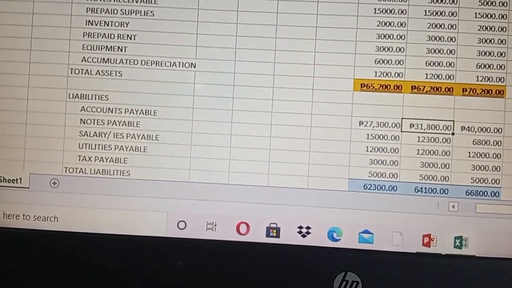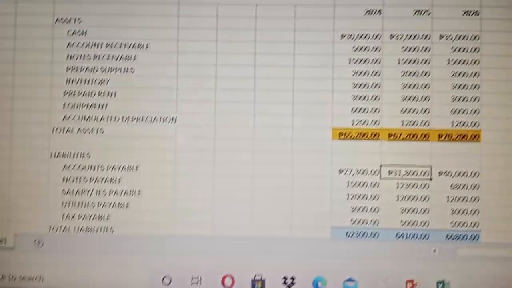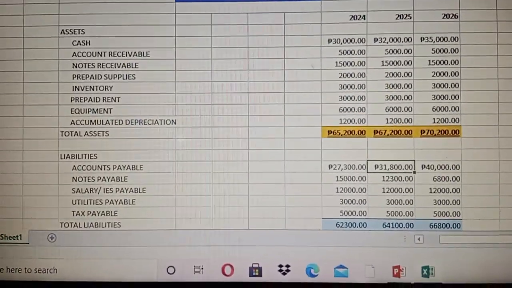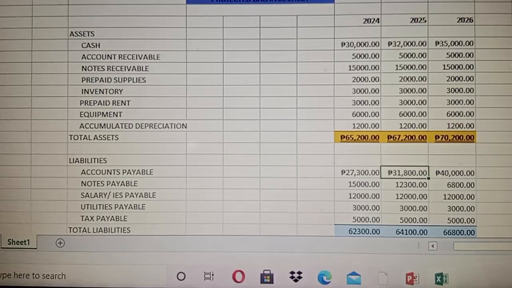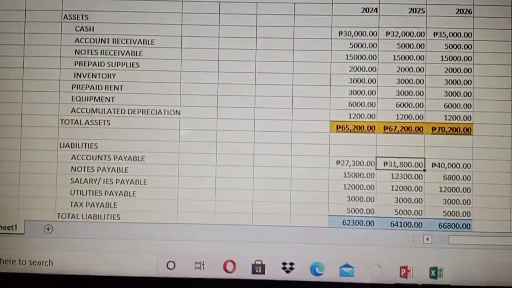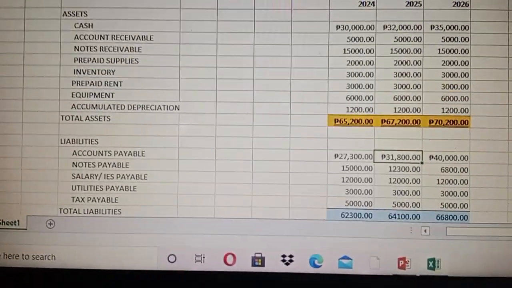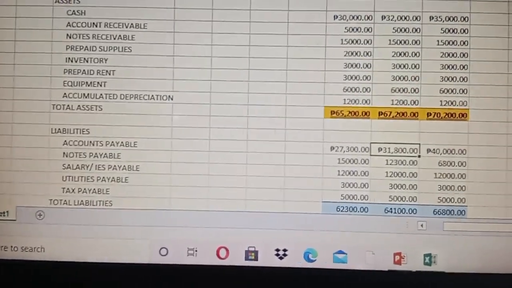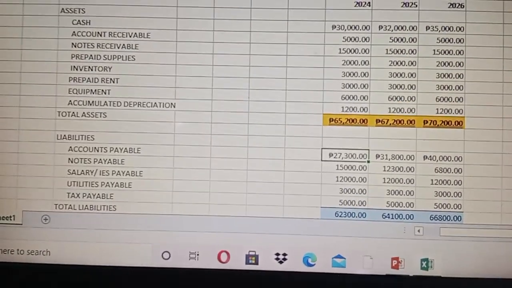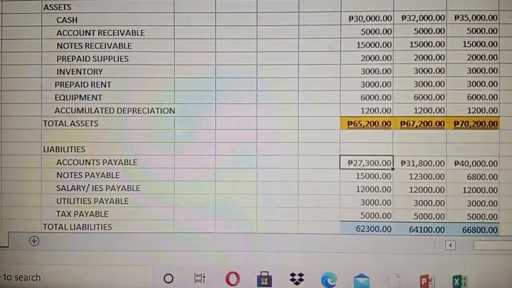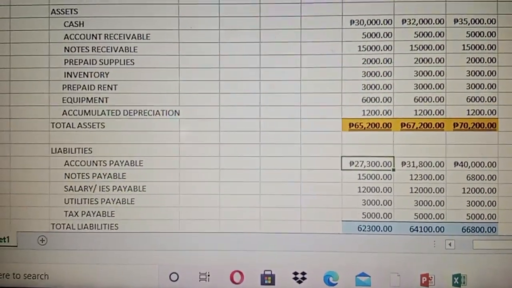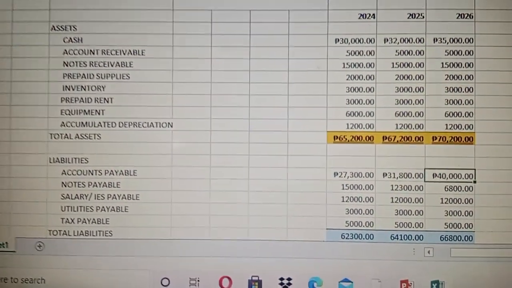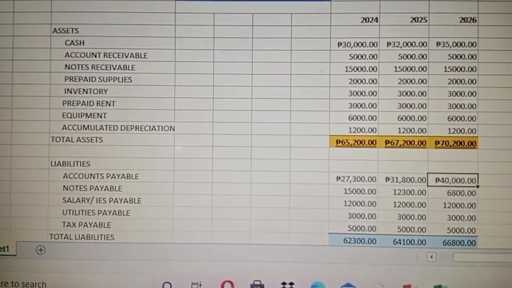Given the amount from the assets, it gives an idea to the bank or any financing company of your ability to pay the liabilities. It means if it is balanced, you still have the ability to pay those liabilities. So this is an example of liabilities. Accounts payable is 27,300. The next year is 31,800. The next year is 40,000 pesos.